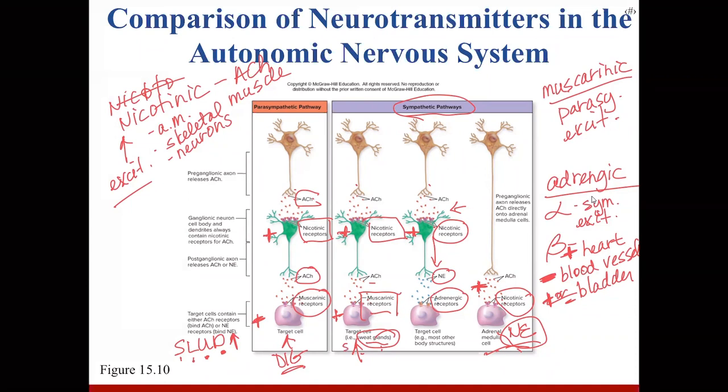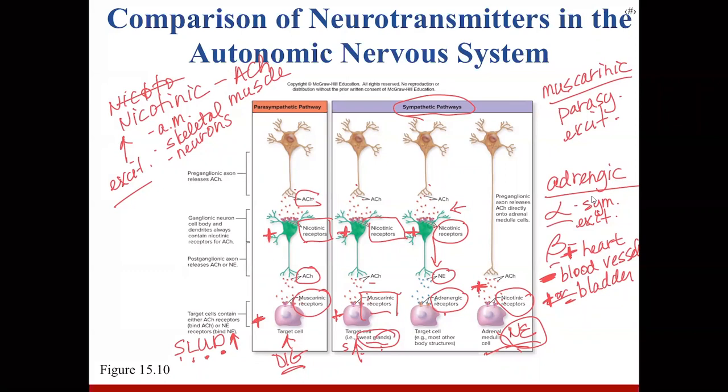Now if something releases norepinephrine, this is where it gets messy because the adrenergic receptors have like five different types of receptors. They have alpha and they have beta.